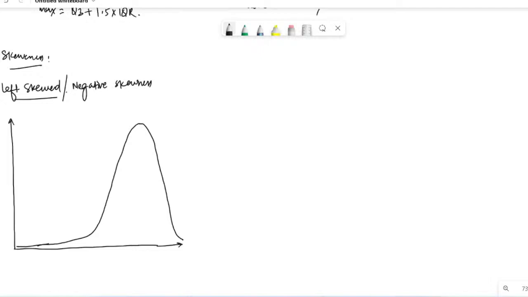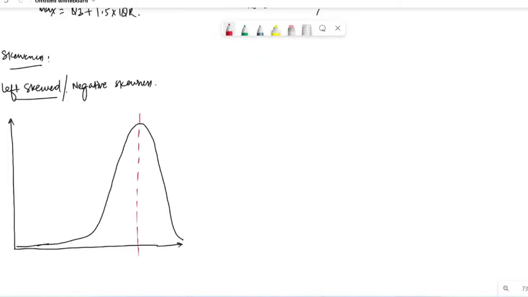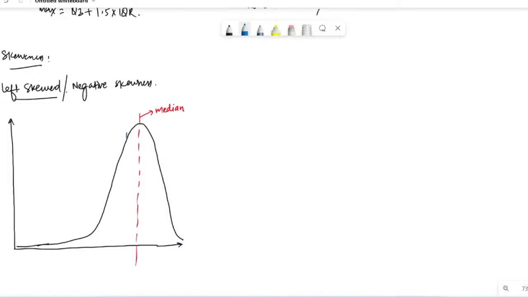What properties will this follow? First, there is no symmetry around the mean; the mean, median, and mode will not fall on the same line. Pardon, wait a second, we need to change the names.